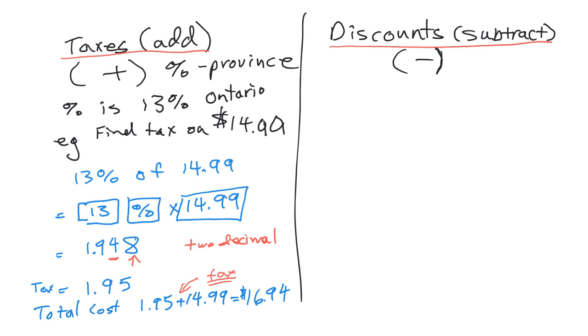When we're doing discounts, this is what we do. You'll notice that I said that discounts is always dealing with subtraction. So let's say that I said 20% off $20.